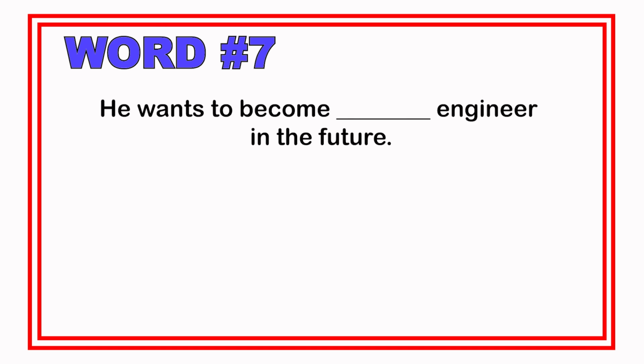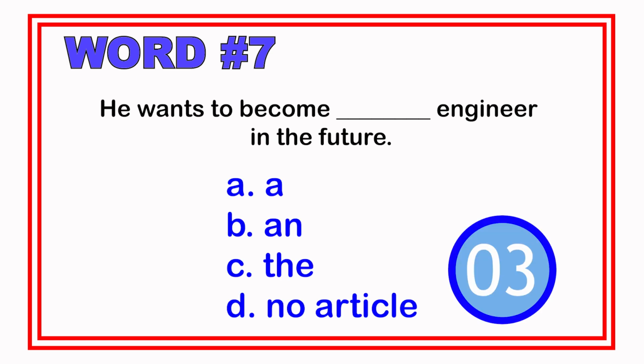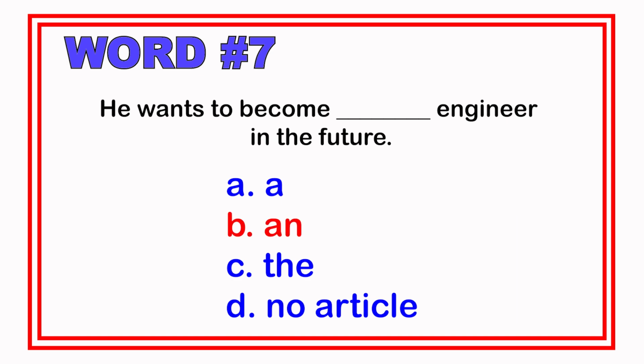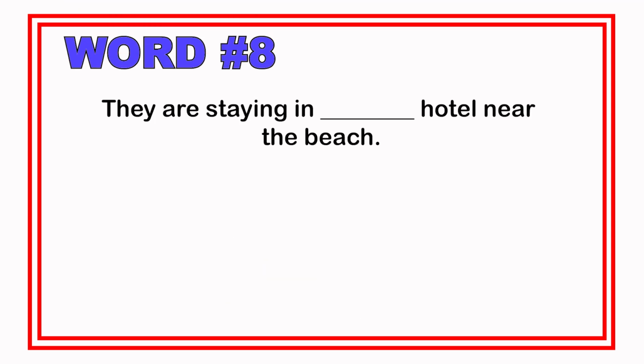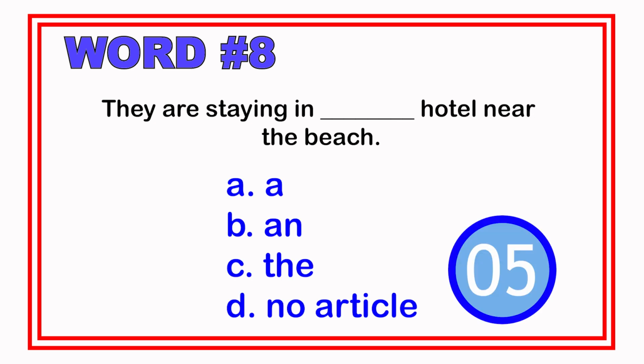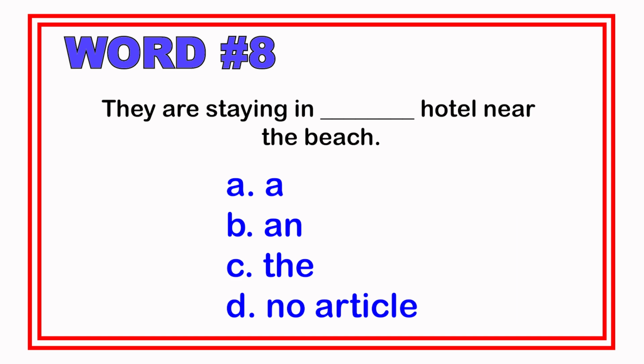Number 7, he wants to become something engineer in the future. He wants to become an engineer in the future. Number 8, they are staying in something hotel near the beach. They are staying in a hotel near the beach.